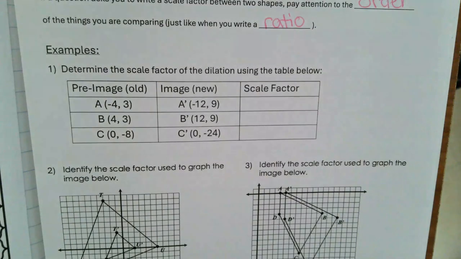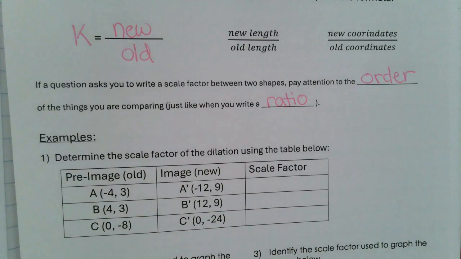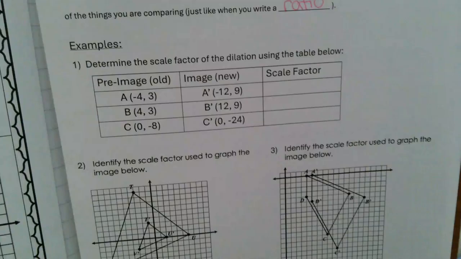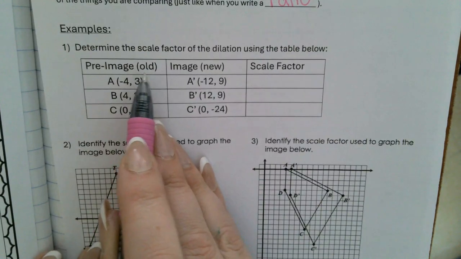So we have 3 examples on this page. The first one is just in a table, so no picture. But to determine the scale factor, we're going to use that little formula that we have up top. So basically the new divided by the old. Remember, our pre-image is the original, so that's the old.